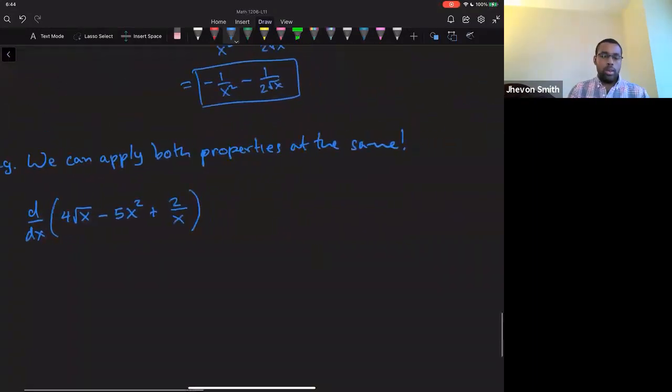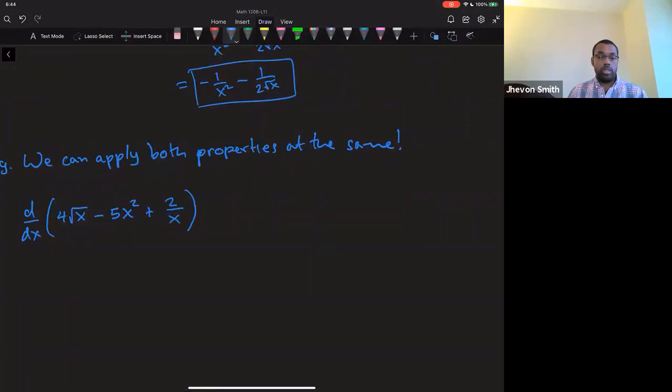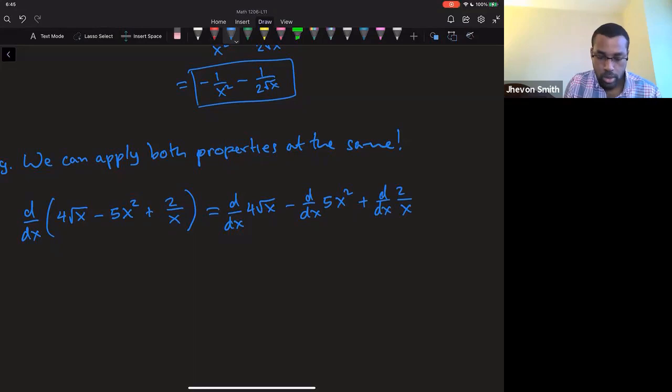One, we know that the derivative will distribute across the sum. So this is going to be the same as the derivative of 4 radical x minus the derivative of 5x squared plus the derivative of 2 over x. Then we can apply the constant factor rule to get the 4 outside. Get the 5 outside. And get the 2 outside.